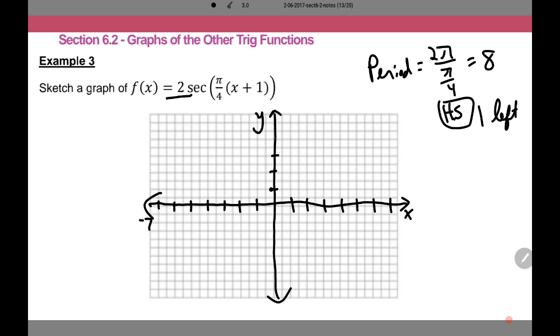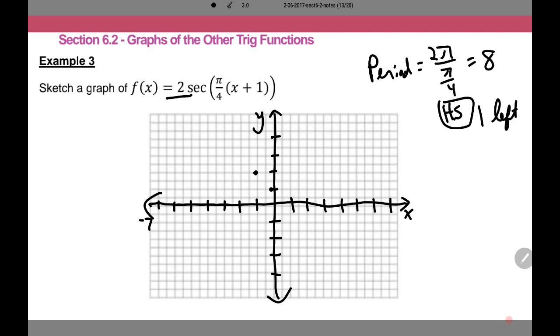A couple differences, but it's going to work out a lot like we did before. So my normal cosine would be at, a peak would be at 2, and then I go over here 1.